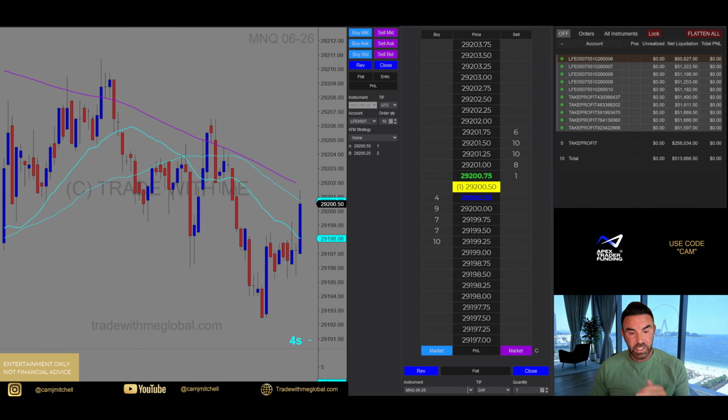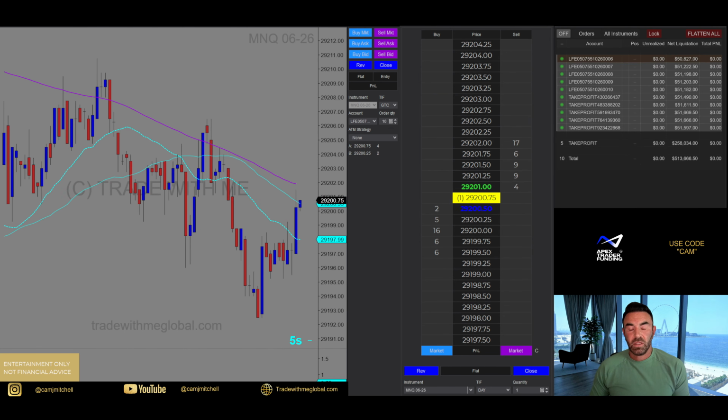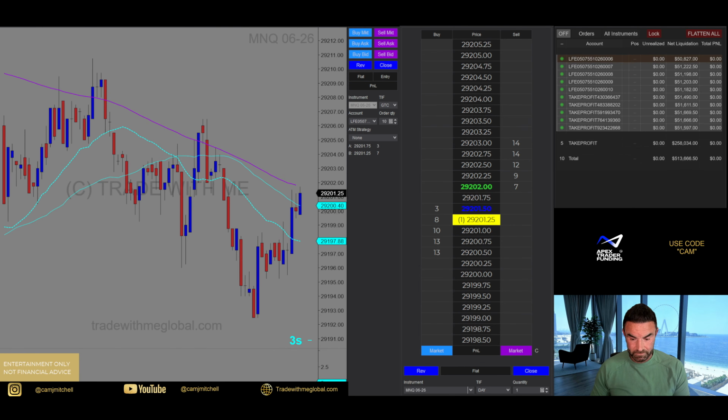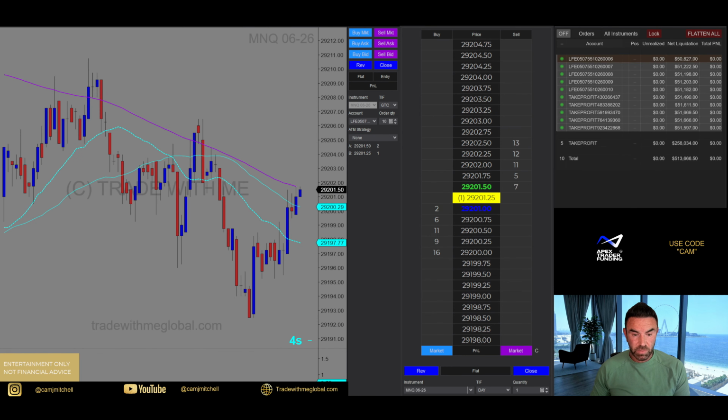Okay, that worked okay. What are you going to do? Be nice if momentum was a little bit smoother on the lower time frame here.